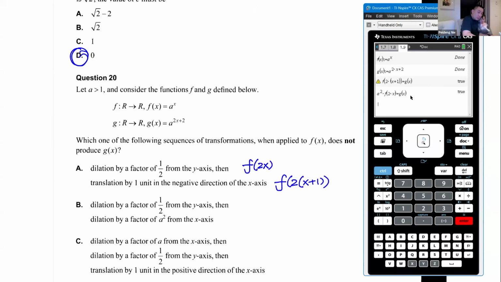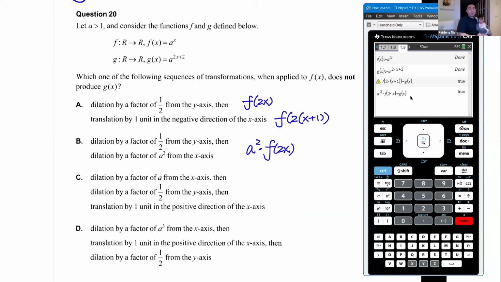So that is actually giving us a squared times f of 2x. And the third one, dilation factor of a from the x-axis. Let's try a times f of something, and dilation factor 2x, and translation 1 unit: a times f of 2x minus 1.